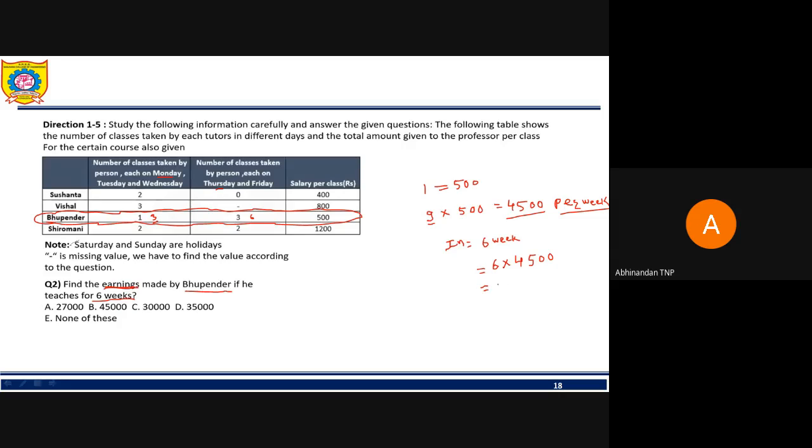So it is 27,000. Bhupender can earn 27,000 in 6 weeks.